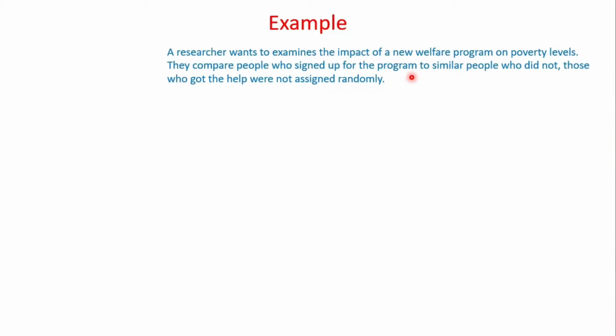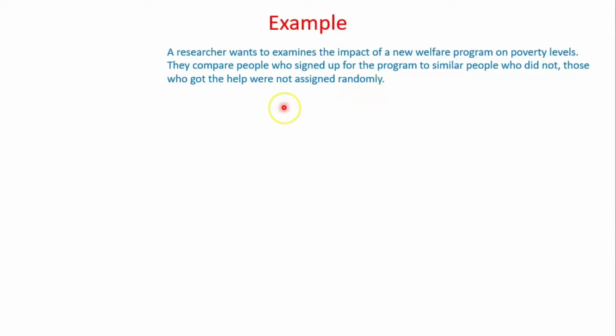We do not assign the group. We do not choose, or we didn't deliberately tell some people that, oh, you guys shouldn't sign up so that we can test those who sign up and those who don't sign up. No. The group already exists. That's the difference between the quasi-experimental and the experimental.